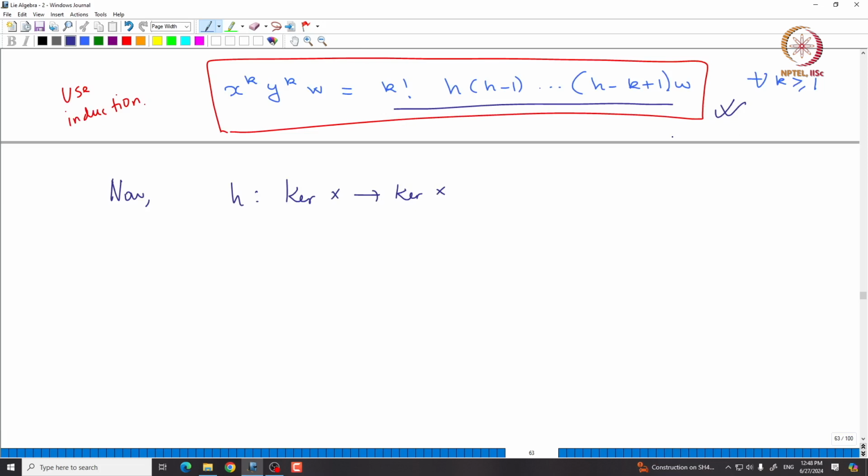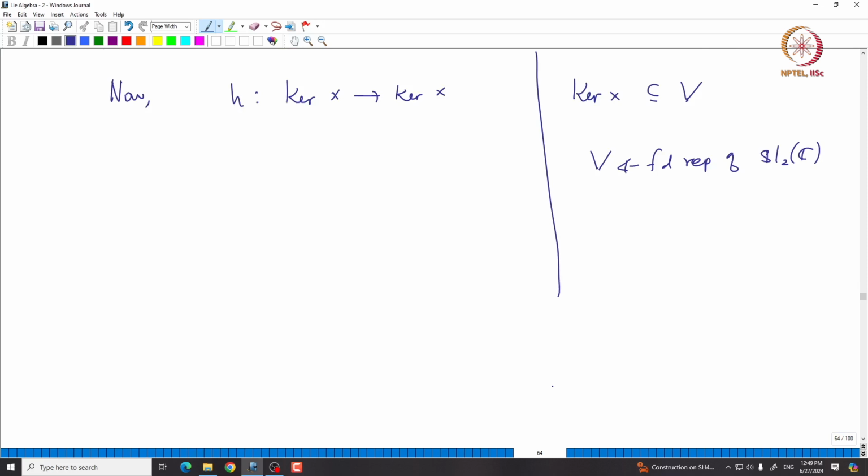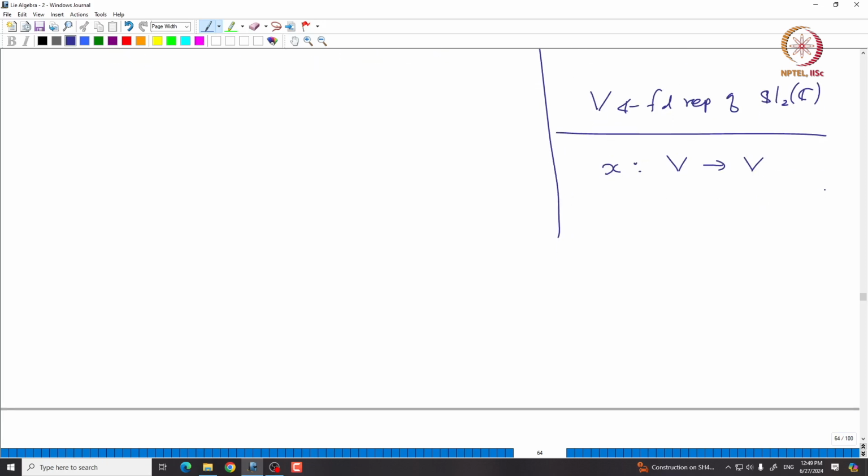Basically, kernel X is a subspace of this capital V, and V is a finite dimensional representation of sl2C. Using this one can conclude that this operator X must be nilpotent when you consider it as an operator on capital V. Look at the operator X, which is defined on capital V. Now we know that H X is nothing but 2X.